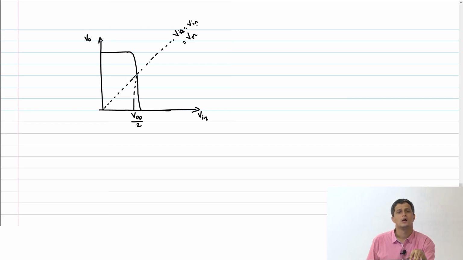Now if I increase my Wp by Wn, I want to know how this curve will shift. It will shift to the right side. Let's see why. Why do you think this should happen?